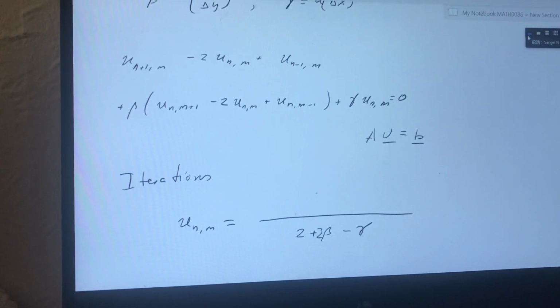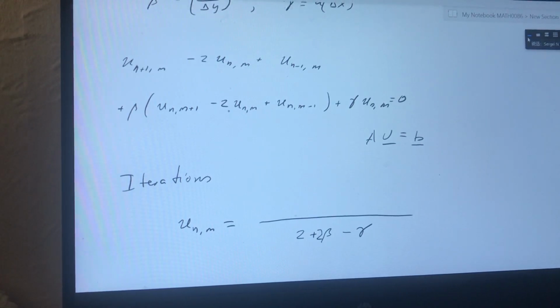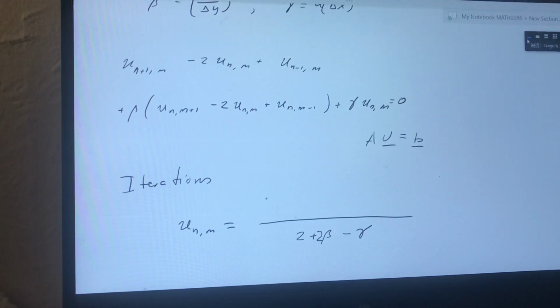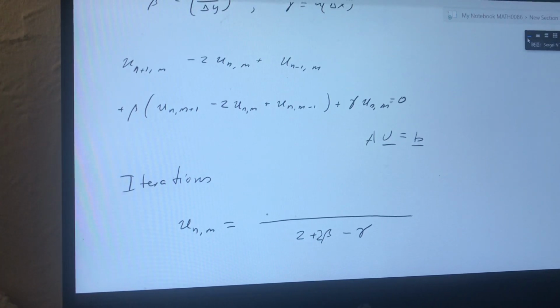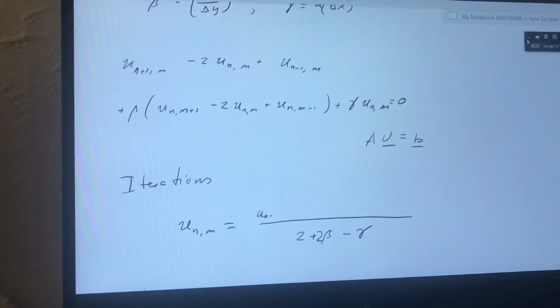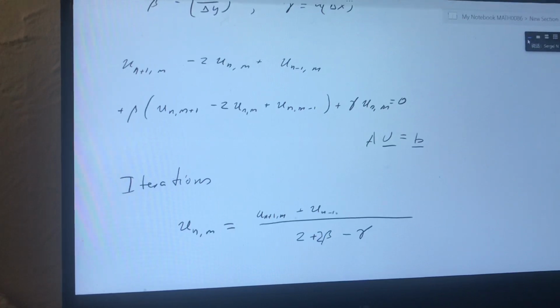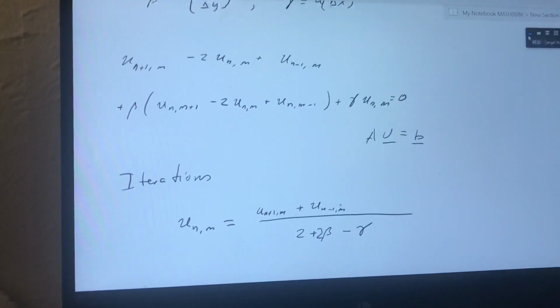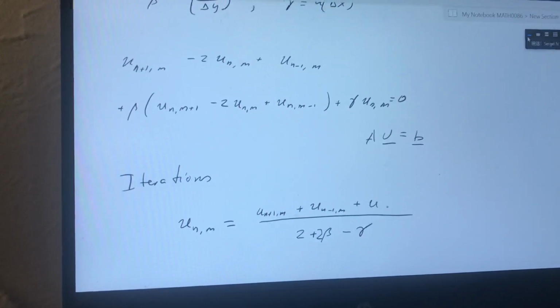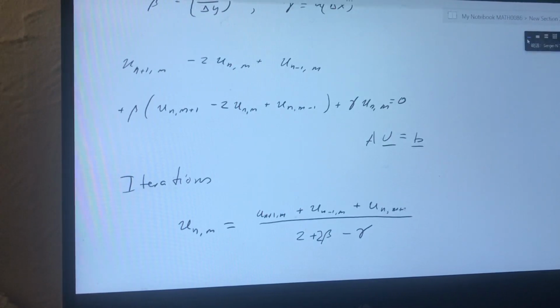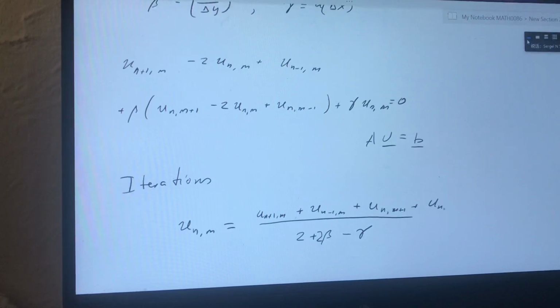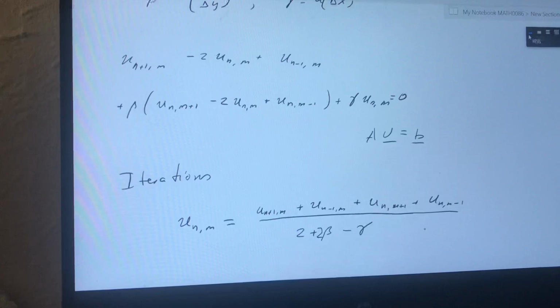Got the 2 already. 2 beta, that goes on the other side, so minus gamma. And the rest goes into the numerator: u_n+1,m plus u_n-1,m plus u_n,m+1 plus u_n,m-1 with beta, lots of subscripts. Right.